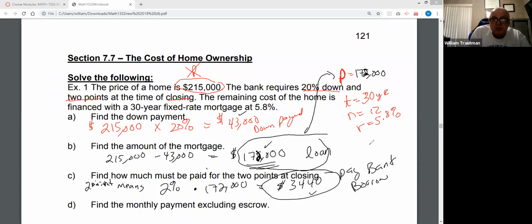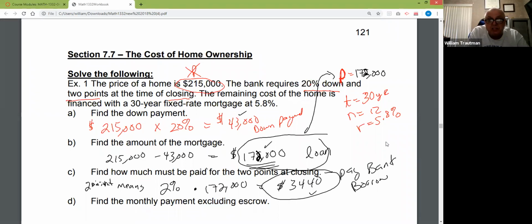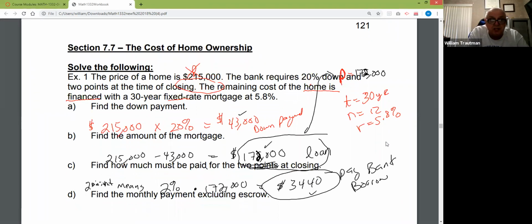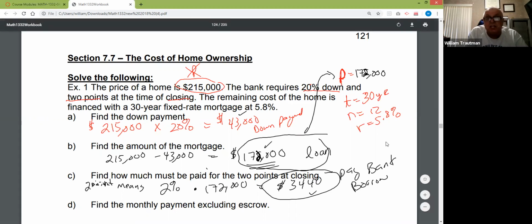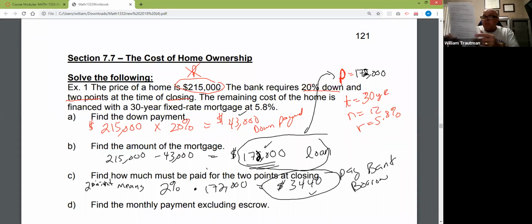So now it says, let's find our monthly payment, excluding escrow. I'm going to scroll this down a little bit. That means we're just going to look for our monthly payment. We're going to use the same payment formula that we used for the car.